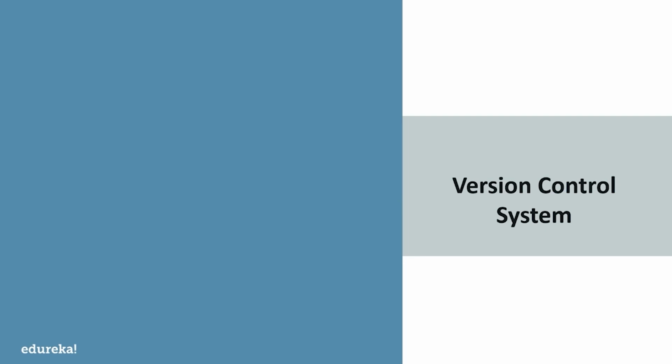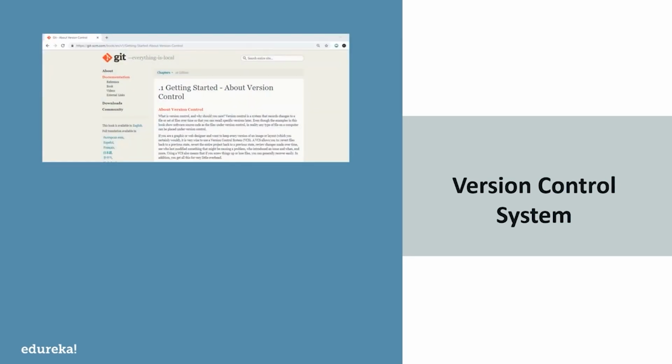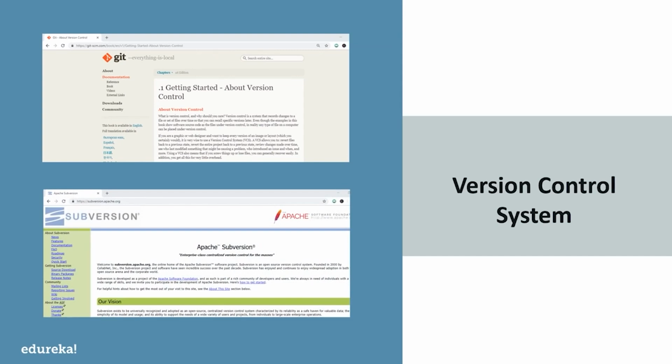But for some reason this feature slowed down your website and you want to go back to the old version of your website. Usually it is very hard to revert back to an older version, but a version control system takes care of this because it has a track of all the code changes that you've made and it can easily revert back to any code change. Some of the popular version control systems include Git and Subversion.